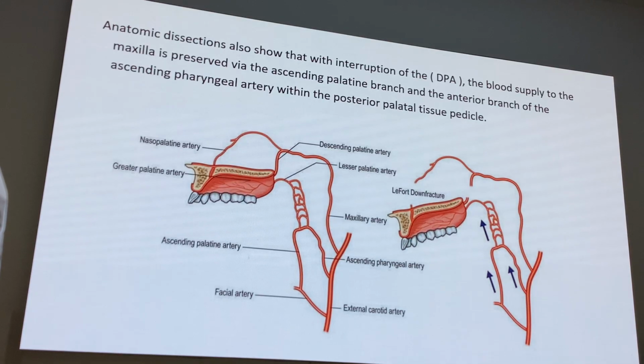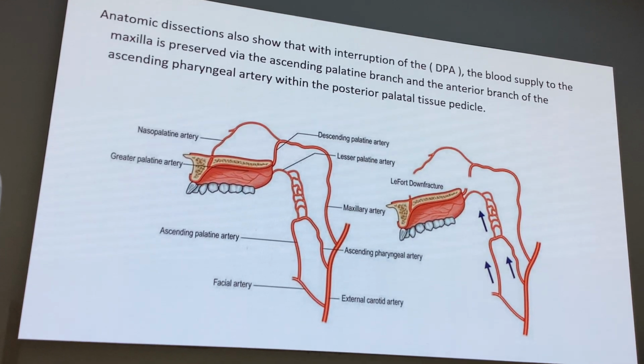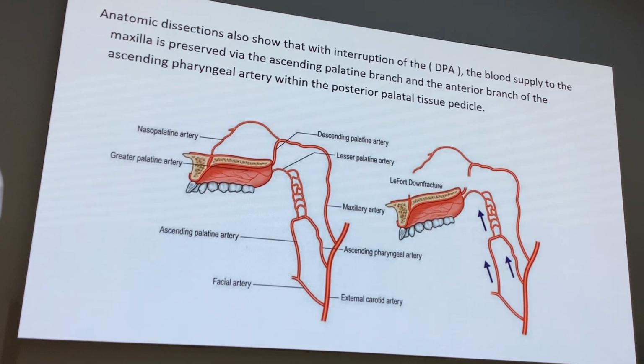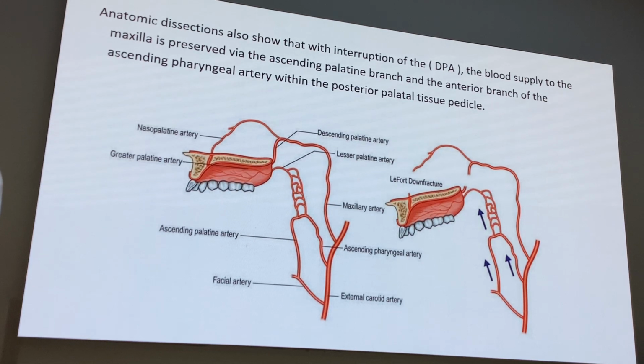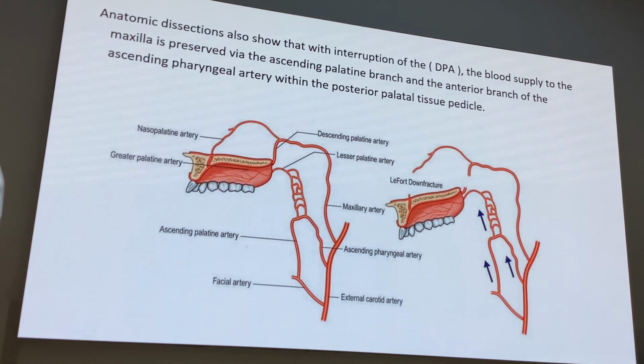Suppose you get damage during the fracturing. I think this is the neck.